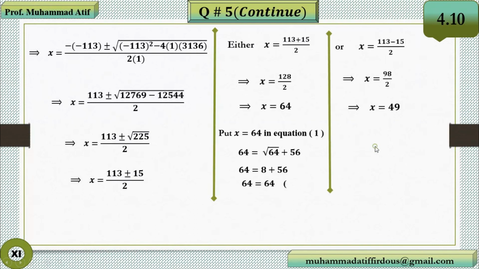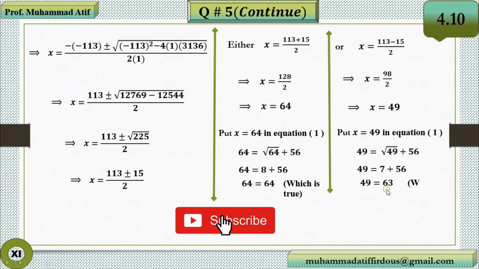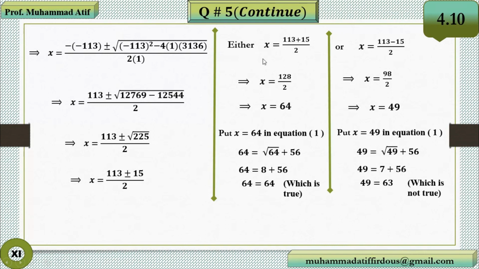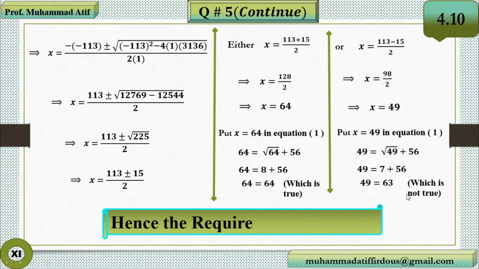Got it? So when we put x is equal to 4 in the given condition, we have this equation, which is not true, which means x is equal to 4 is not a root of the given condition, meaning it's an extraneous root. But we need only the root, so we have only x is equal to 9, which is a root of equation 1. So you can write the required number is 9.